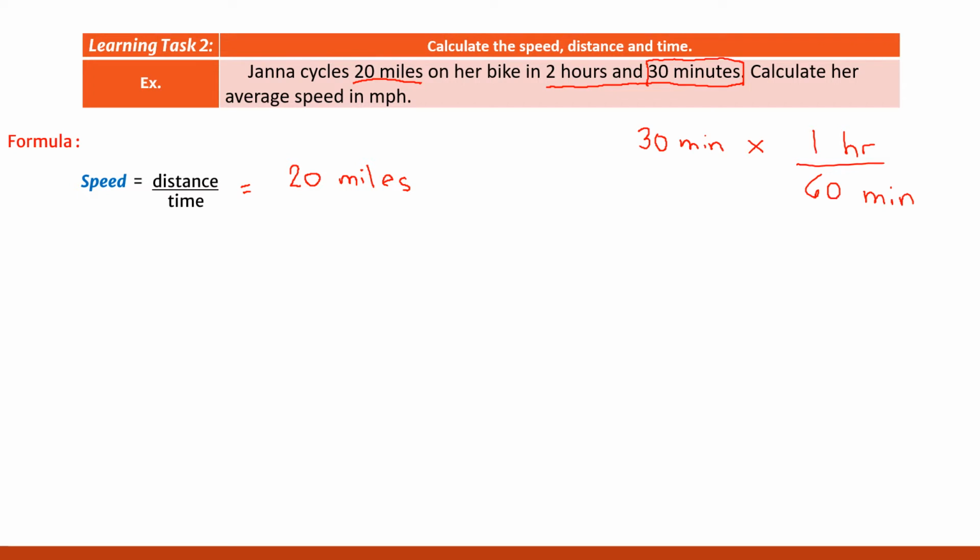Kasi nga, sabi natin, sa bawat oras, merong 60 minutes. So, we can cancel this unit minutes, and then meron na lang tayong 30 over 60, which so happen na yung 30 and 60 can be canceled by 30. So, this will become 1, while this will become 2.